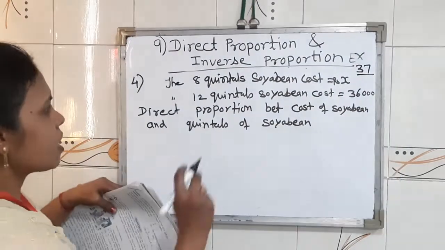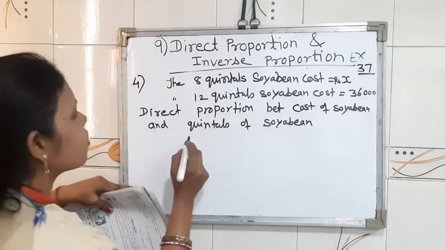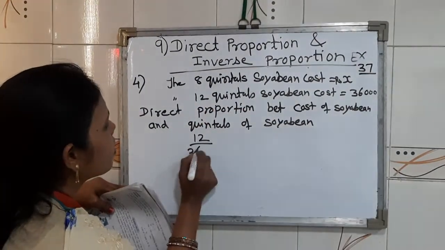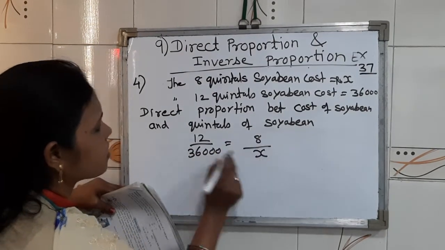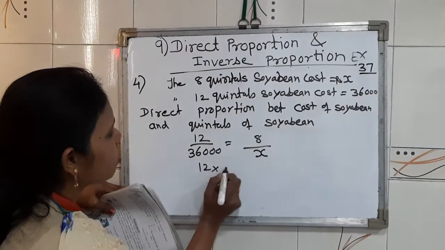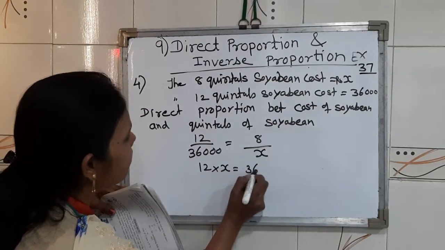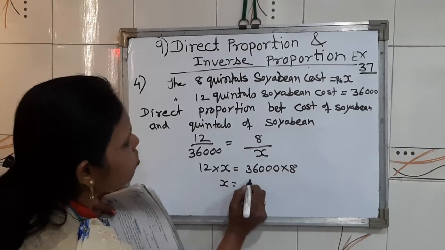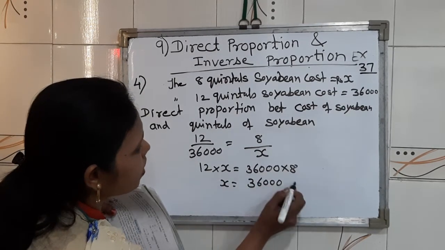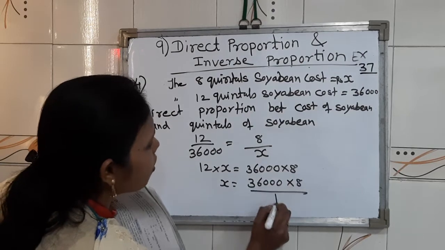So children, which one we know, that one first write down: 12 upon 36,000 equal to 8 upon X. Now cross multiplication: 12 into X equal to 36,000 into 8. X equal to 36,000 into 8 upon 12.